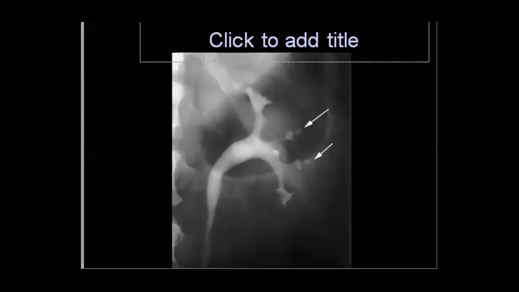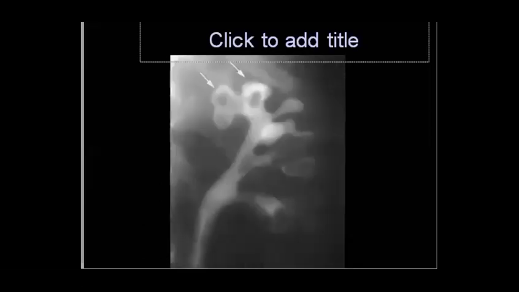What about this one? It will be tee on pole. Yes, tee on pole. Perfect. And what about this one? It will have what is called signet ring appearance. Perfect.